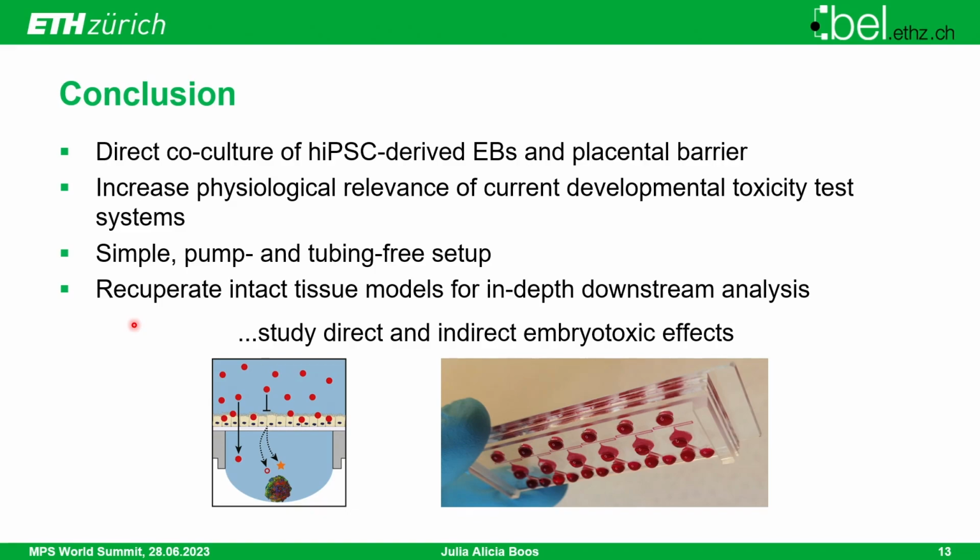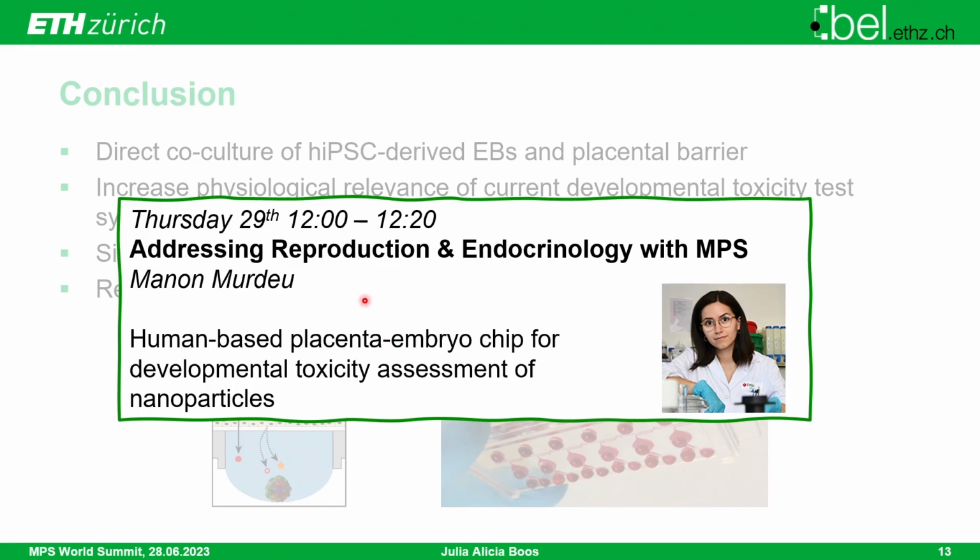And yes, the next step would then be to use the system and really study direct as well as indirect embryotoxicity effects. However, I also want to draw your attention to another talk tomorrow by Manon, which is at 12 in the afternoon in the session addressing reproduction endocrinology with MPS. Manon will basically talk about the same chip that I just presented to you now, but she was focusing on the further development of the placental barrier.